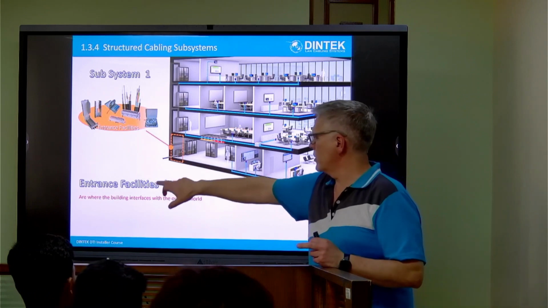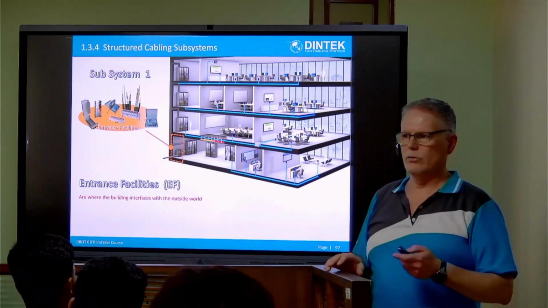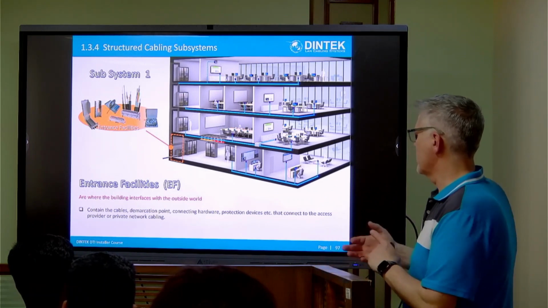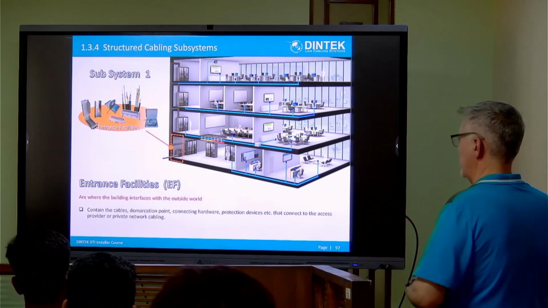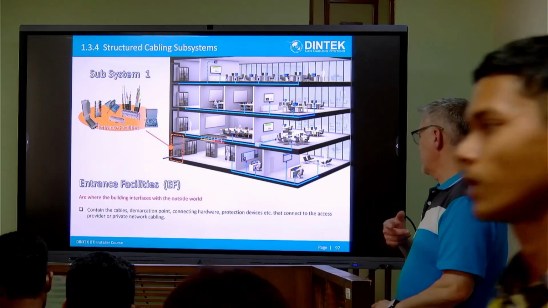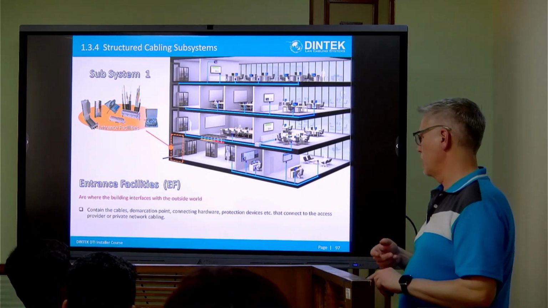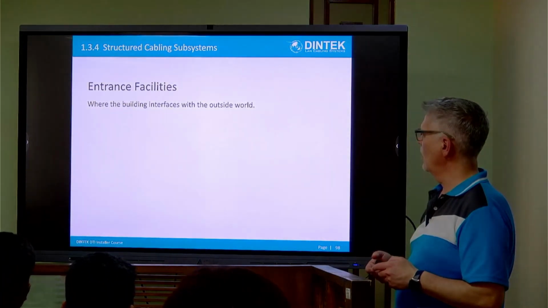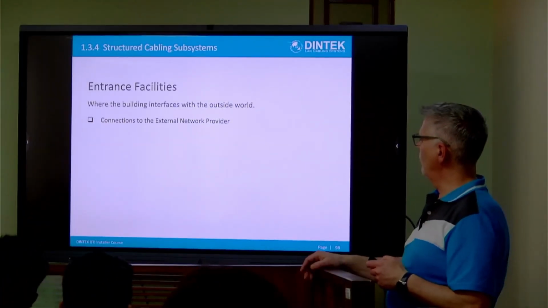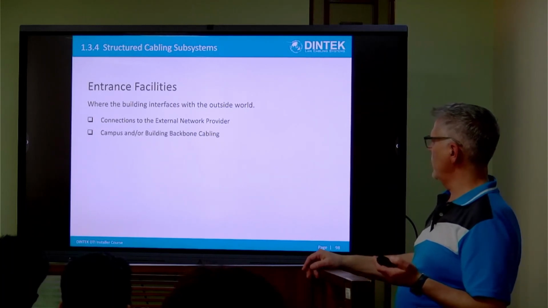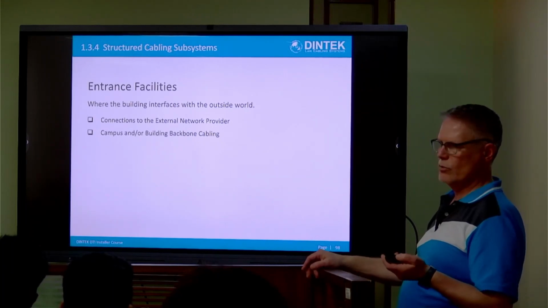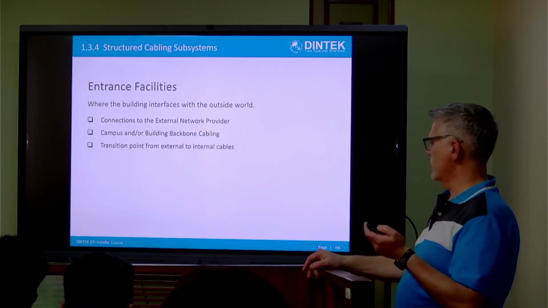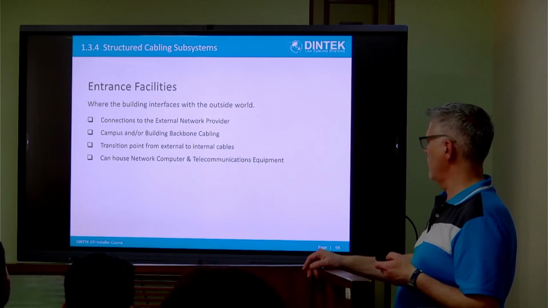But it's that transition point from external to internal that is always our entrance facility. So it contains cables, demarcation points, connecting hardware, could be protection devices, surge protectors. Connections to the external network provider, campus or building backbone cabling, and then coming through the transition point from the external to internal cables.